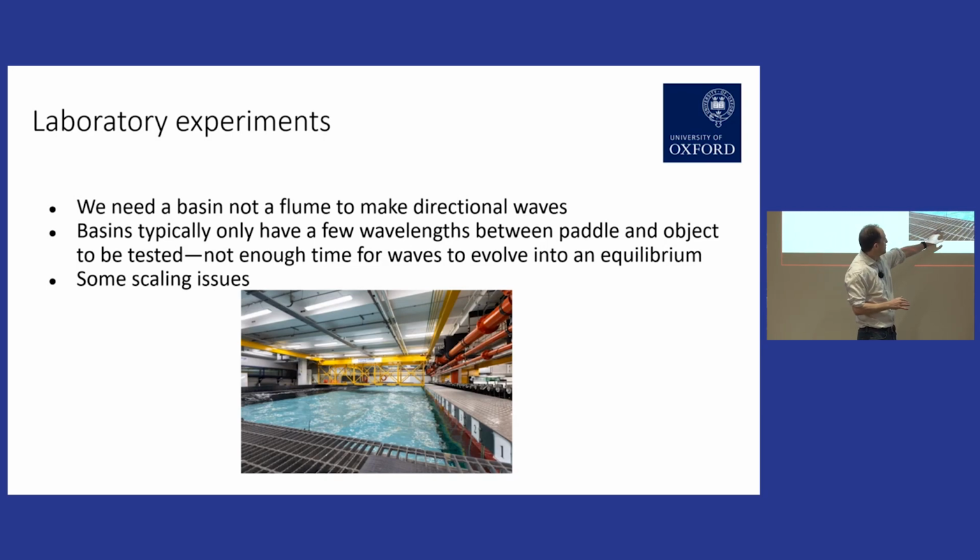It's a very good quality basin, but I have a big criticism of it, which is that you're making waves with these paddles here, and you're doing your test. Well, you don't want to do your test too close to the bit where you're trying to absorb the waves. So you have to do your test about here. So you're 1, 2, 3 and a bit wavelengths away from where you've made the waves. Well, that's actually not very far.